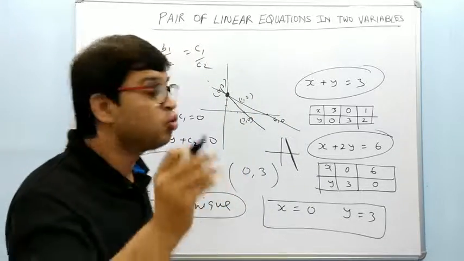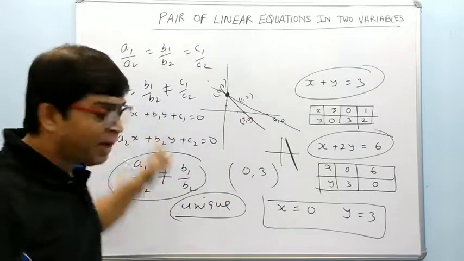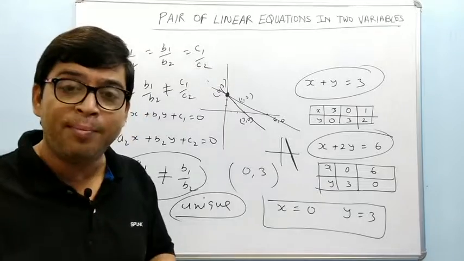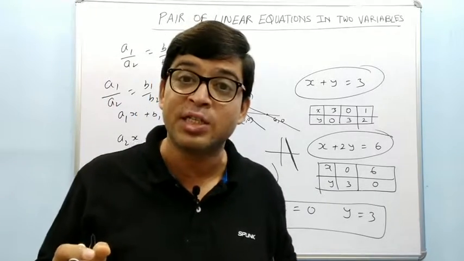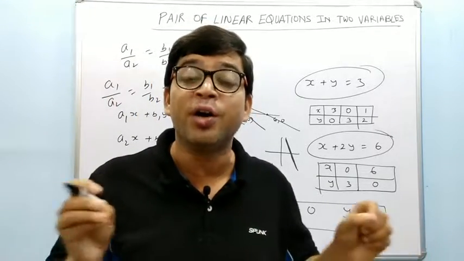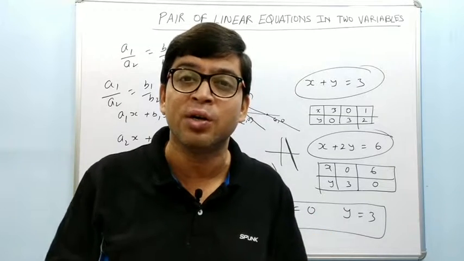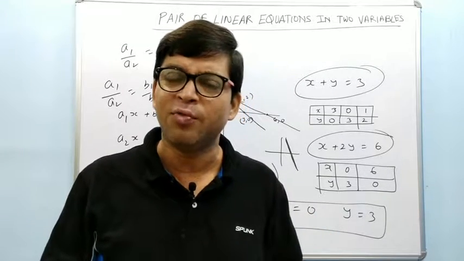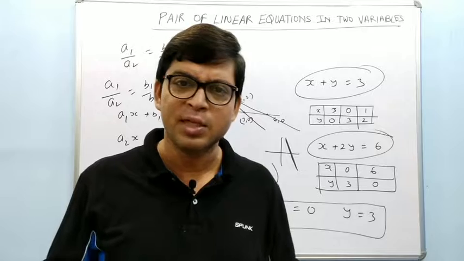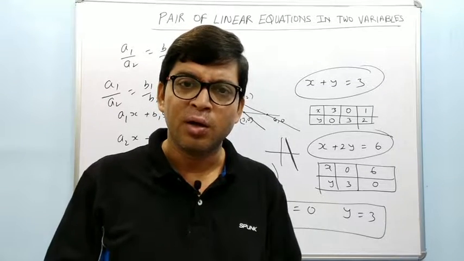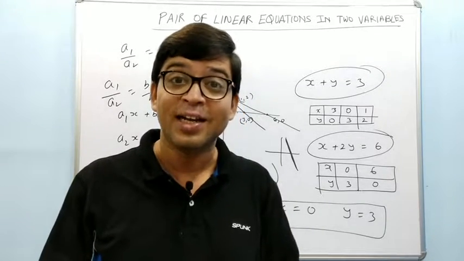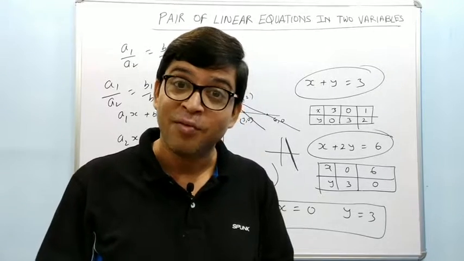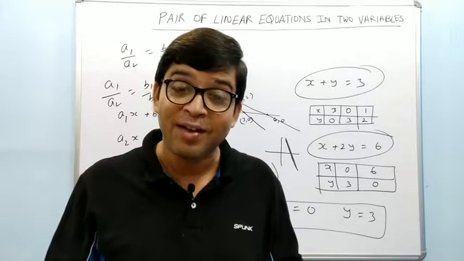And now we'll see the no solution case. If a1 by a2 is equal to b1 by b2 is not equal to c1 by c2, there is no solution of the given equations. What is the meaning of no solution? That means the lines are not cutting anywhere. When will the lines not cut each other, can you tell me? When they won't meet anywhere?